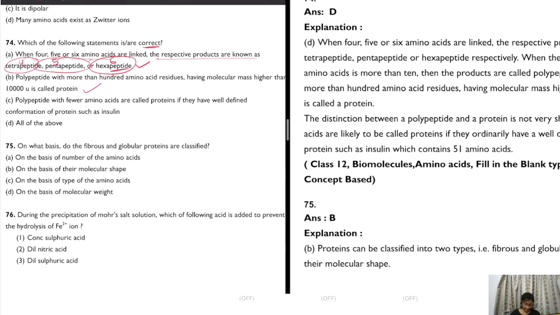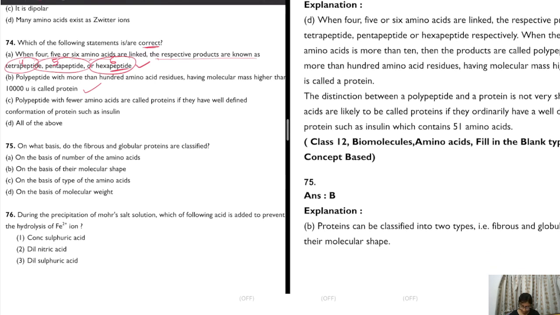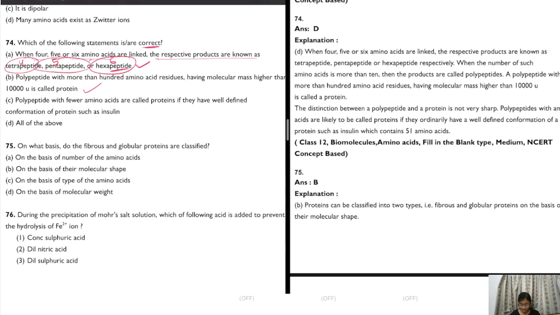Polypeptide with fewer amino acids are called proteins if they have well-defined conformation of protein, such as insulin. So let's see this statement. How we will define this. But you have to know that the distinction between the polypeptide and protein is not very sharp. Polypeptides, which contain amino acids, okay, amino acids, they usually we call them proteins.